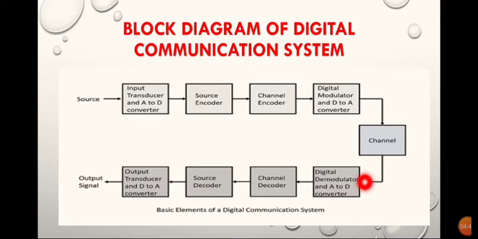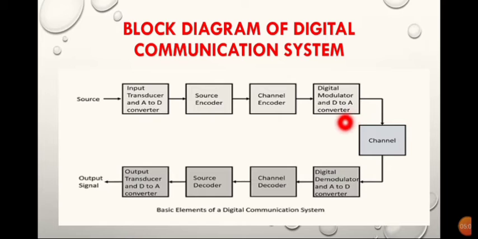So let us see which blocks are included in the receiver. The first block is the digital demodulator and A to D converter, then the channel decoder, source decoder, and finally the output transducer. Let us see one by one. So the first block is what? Digital demodulator. First block of the receiver.